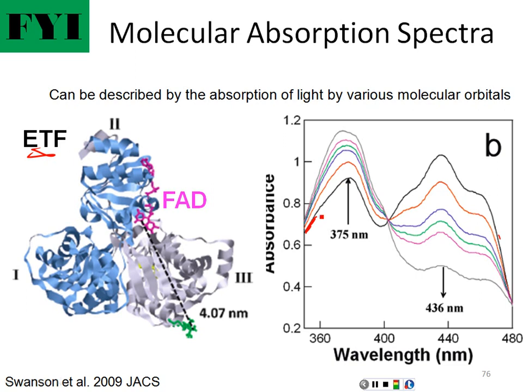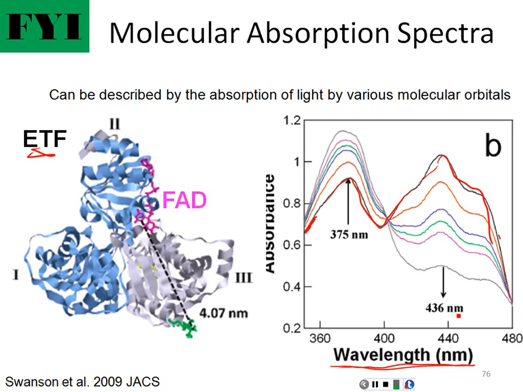You see that this black line is the molecular absorption spectrum for this protein, in particular for the FAD cofactor. If this protein did not include the FAD cofactor, it would not be absorbing light in this region. This is in the blue visible region, and this actually makes the protein a sort of yellow color.